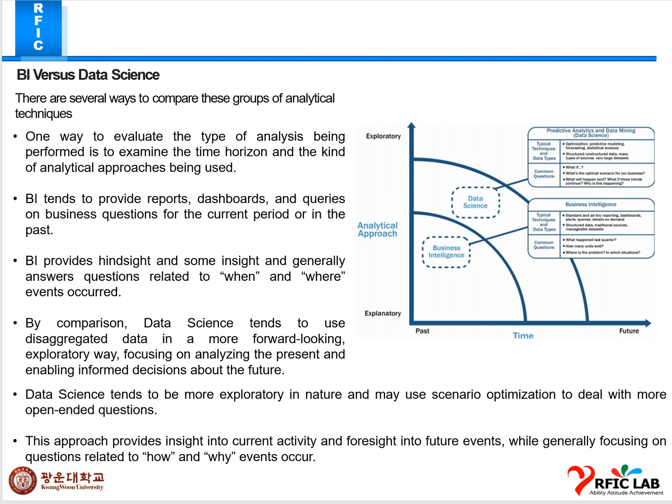Data science tends to be more exploratory in nature and may use scenarios optimized to deal with more open-ended questions: how and why events occur. This provides insight into current activity and foresees future events, what will be going on in the future, while generally focusing on questions related to how and why this is happening in the business approaches.